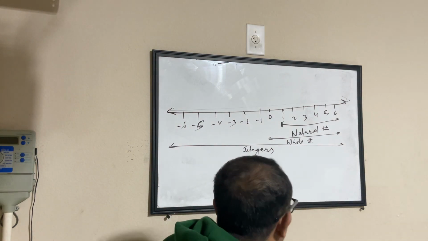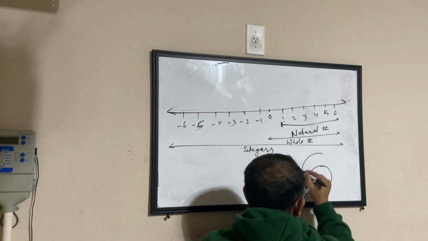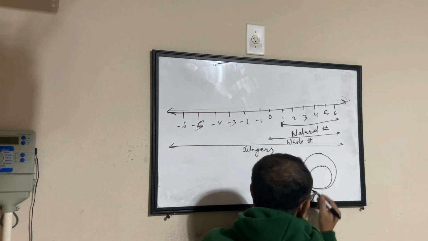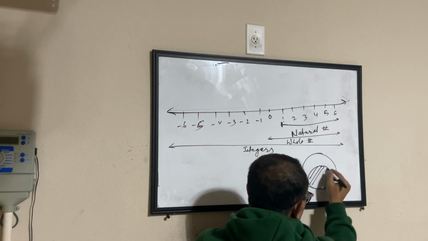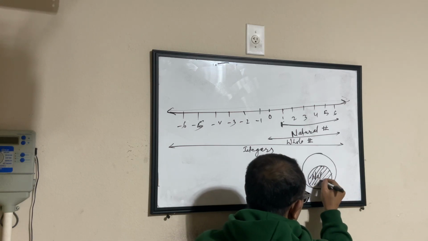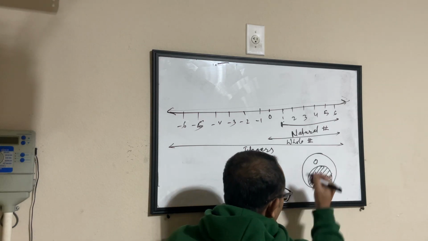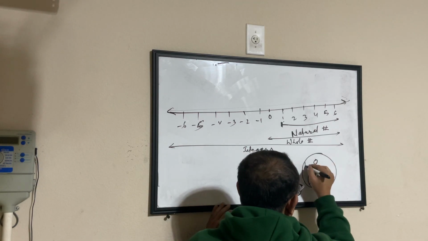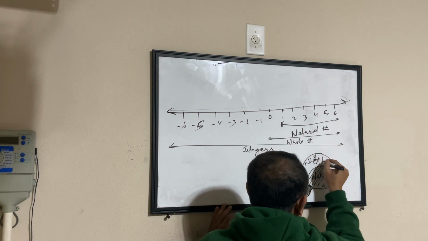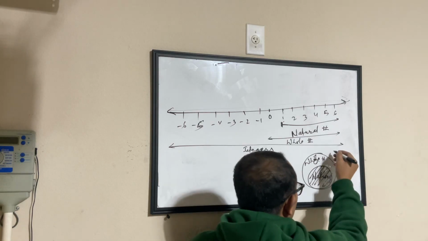Now, look at the visual side of it. If I look at the smaller circle, this is my circle which says this is my natural number. And if I add 0 also, this circle became whole number. This circle retains all the numbers in the set called whole number.